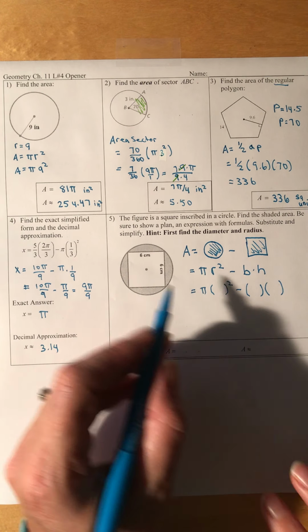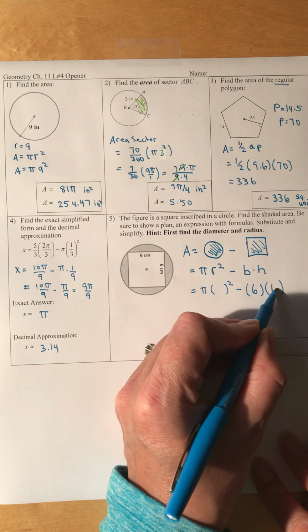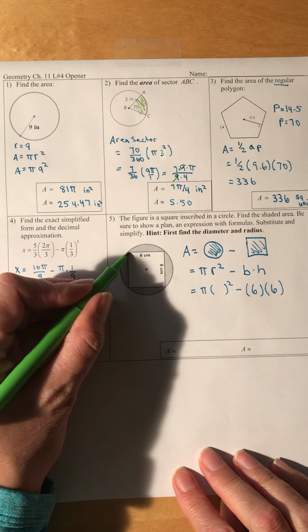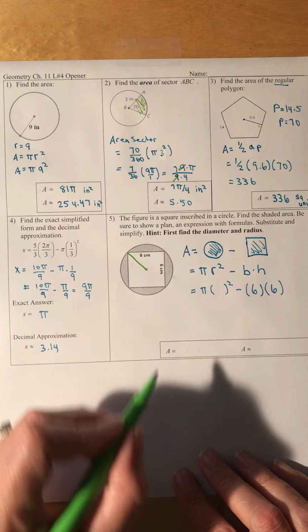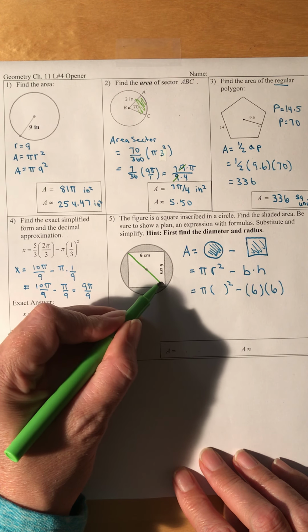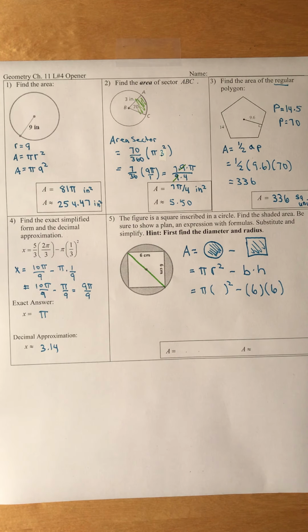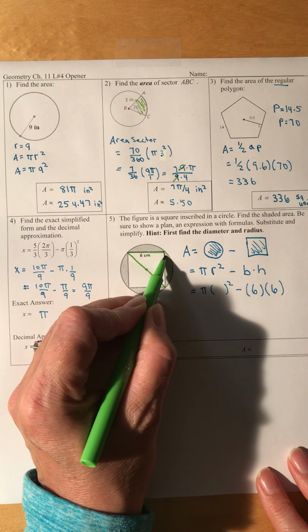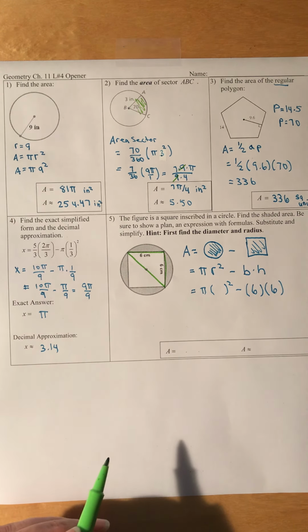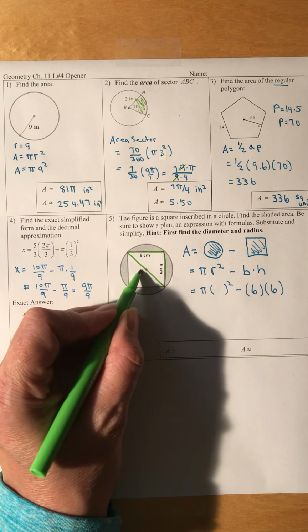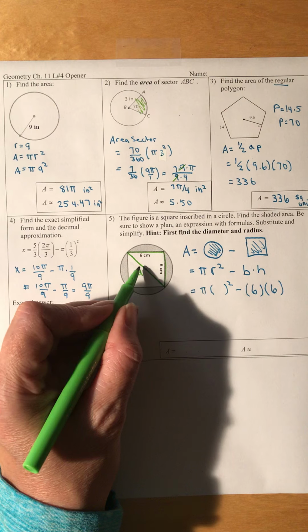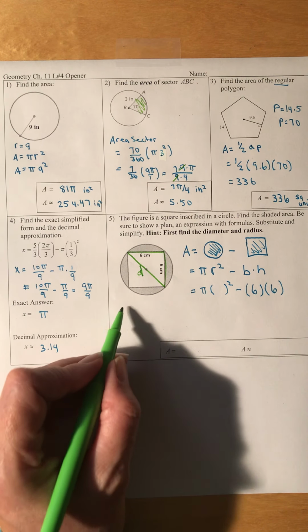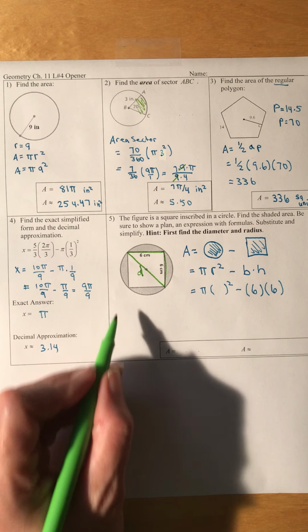I do know that the base and the height of the square are 6 and 6, so I can fill that in. The radius of this circle is just that length, but I think I'm going to need to find the diameter first and take advantage of the fact that this is a square. To get the diameter, I can do that a couple different ways. The easiest way is to know your 30, 60, 90 and 45, 45, 90 triangles.